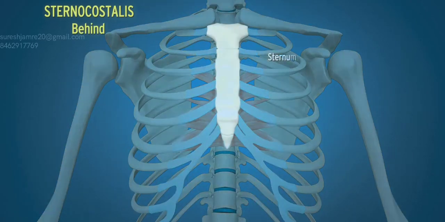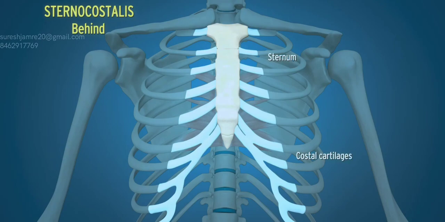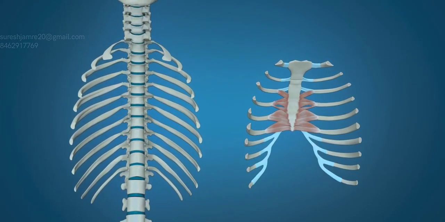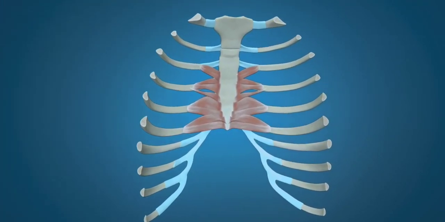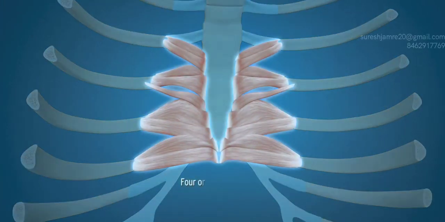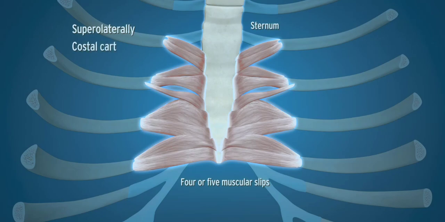Present behind the sternum and costal cartilages. It will be in the form of 4 or 5 muscular slips which run superolaterally from the sternum to the costal cartilages.